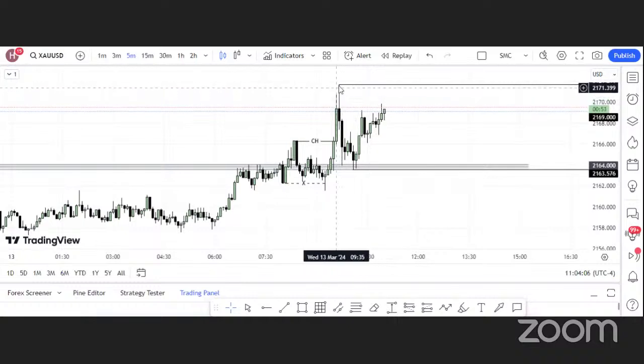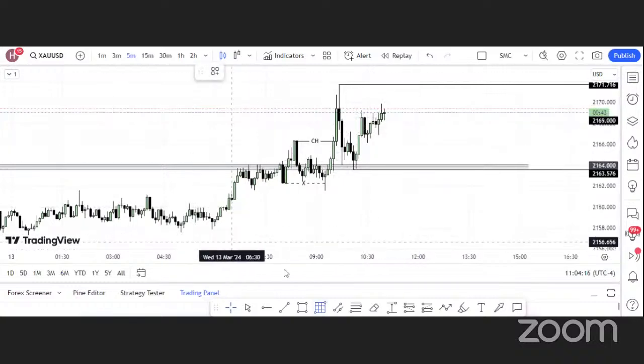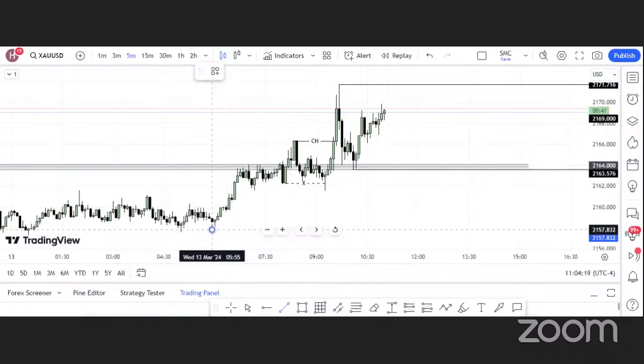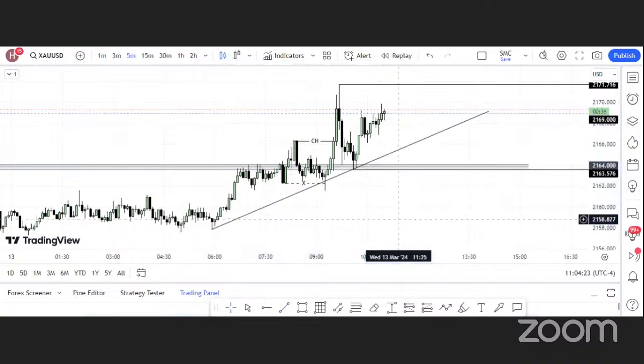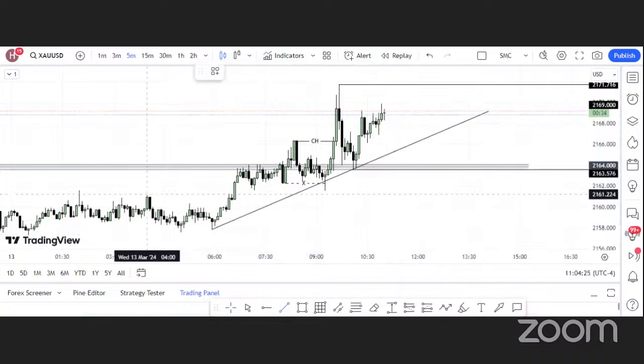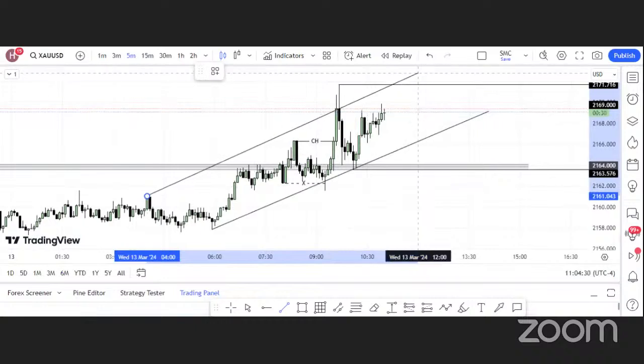This is also the previous high, the current high. The market hasn't really gone above the high, but as you can see, the market is pushing up to get to this high. From the chart, it's obvious that the market is making a bullish move. The market is heading to the upside. The market will keep going up.